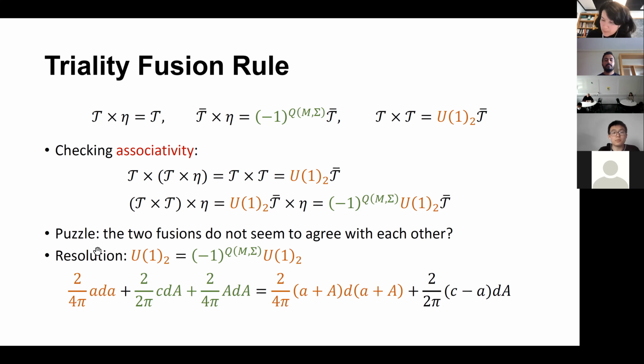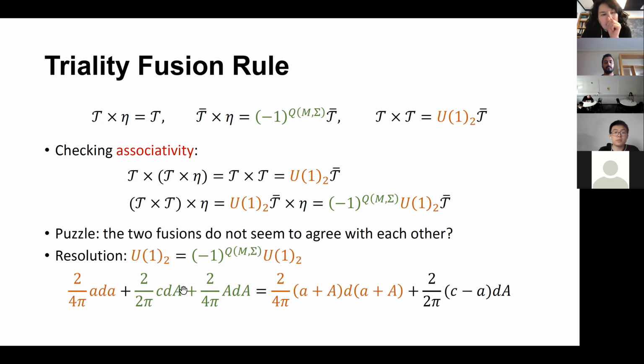So a way to prove this relation is to just write down everything explicitly. A U1 level 2 Chern-Simons theory has a Lagrangian that is given by 2/4 pi ADA. So A is a dynamical gauge field. And the SPT -1 to the power q can just be given by these actions. So the first term, I'm trying to embed a Z2 gauge field in a U1 gauge field.